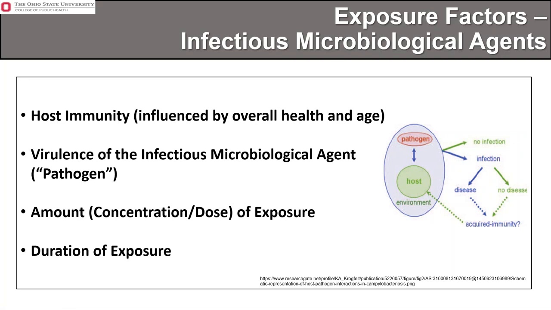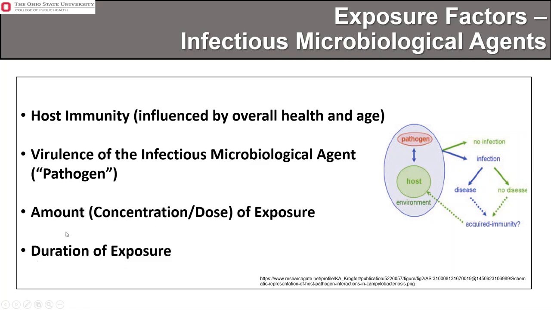So let's break this down with some specificity. These are key factors, 4 key ones relative to infectious microbiological agents. It's the infectious model, the immune response. So host immunity, which again is influenced by a variety of factors, including health and age. So there's multiple confounding factors involved, the virulence of the agent involved, and how much are you exposed to, and what is the duration of exposure.